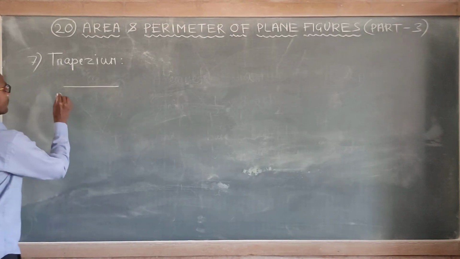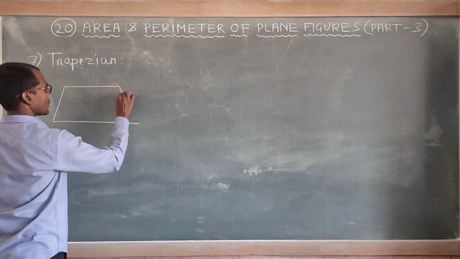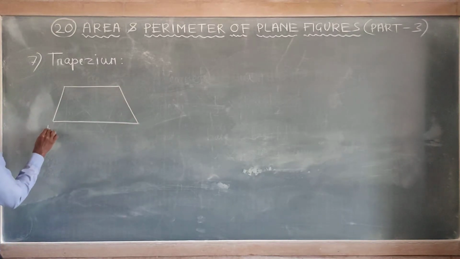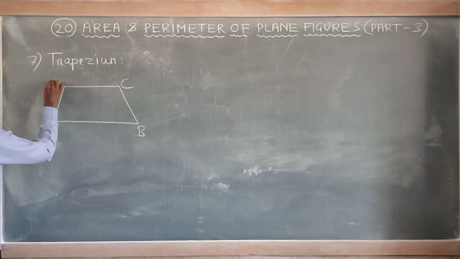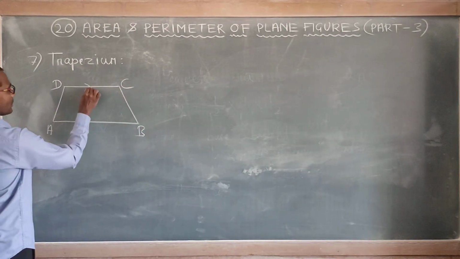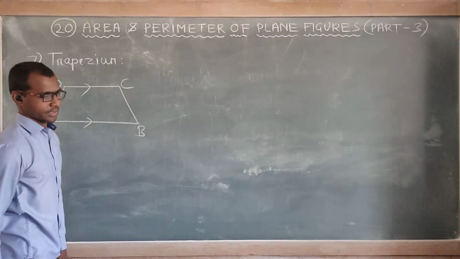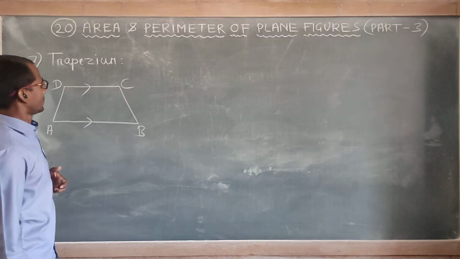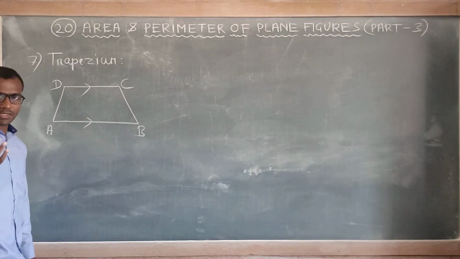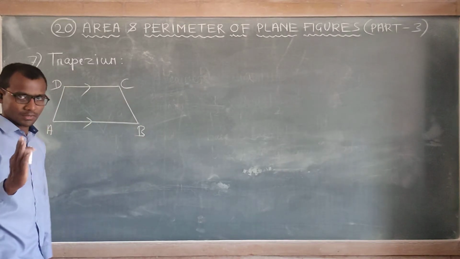It is a quadrilateral in which one pair of opposite sides are parallel to each other, but the other pair is not parallel. AB is parallel to DC, but AD is not parallel to BC. So this is the trapezium. Now its perimeter means sum of all the sides, that is not a big deal. If you have all the sides, then you can find.